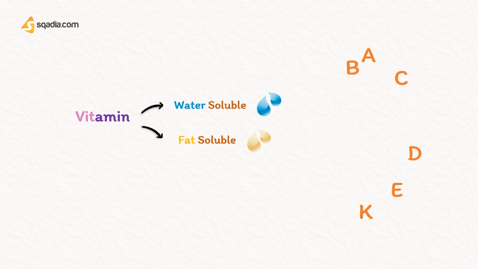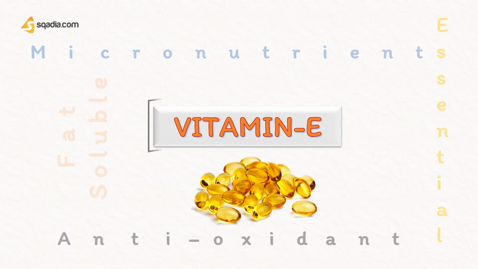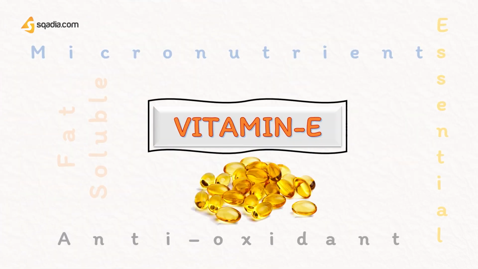Vitamin B and C come under the head of water-soluble, and on the other hand, vitamin A, D, E, and K come under the umbrella of fat-soluble. But today, in this video, we will hover over the details of vitamin E and we will guide you through the C. So just hang on right here.